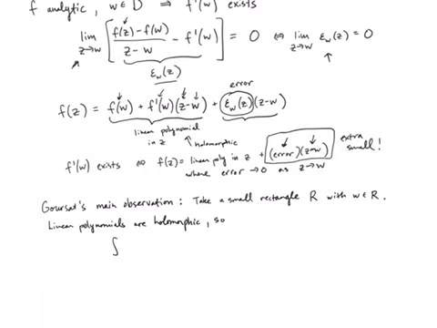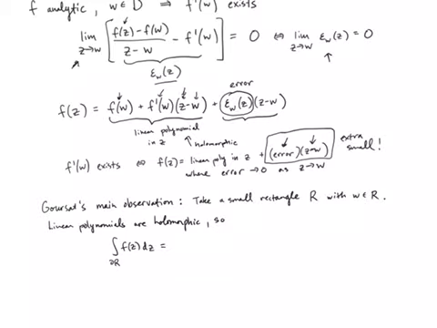So the integral around the boundary of this rectangle of f is going to be the integral of the linear polynomial around that closed loop, which is 0 by Cauchy's theorem because we have a holomorphic function.